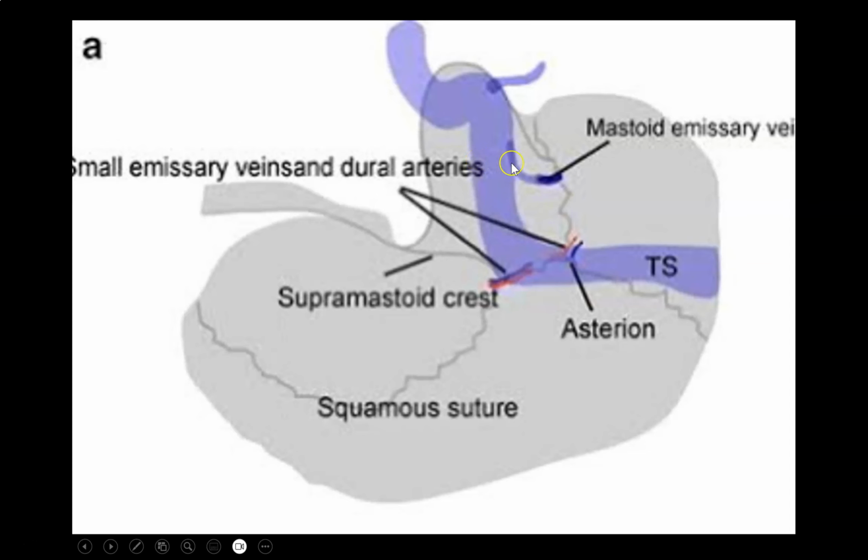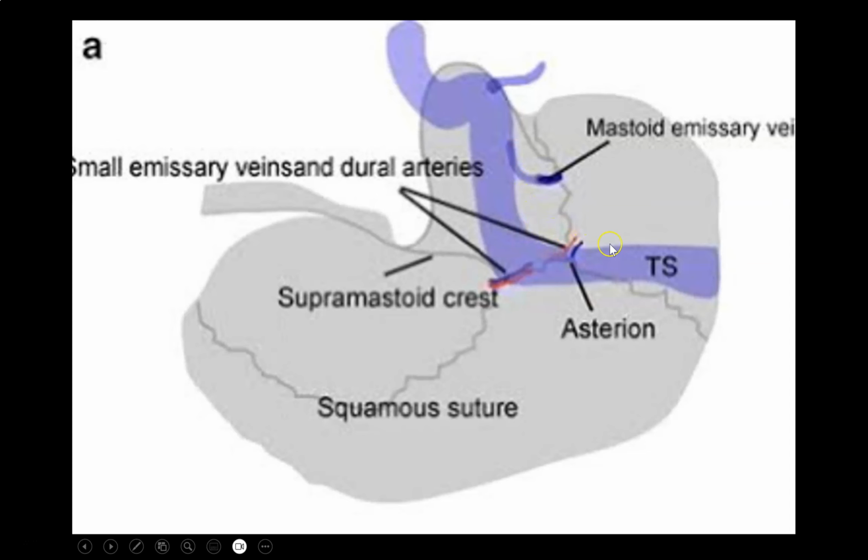So always, when you do a posterior fossa approach, you extend your approach as up as the transverse and as lateral to the sigmoid sinus. And one of the signs you find before reaching the sigmoid, you get emissary veins from the bone draining into the sigmoid. This is a sign that you are approaching the sigmoid sinus.